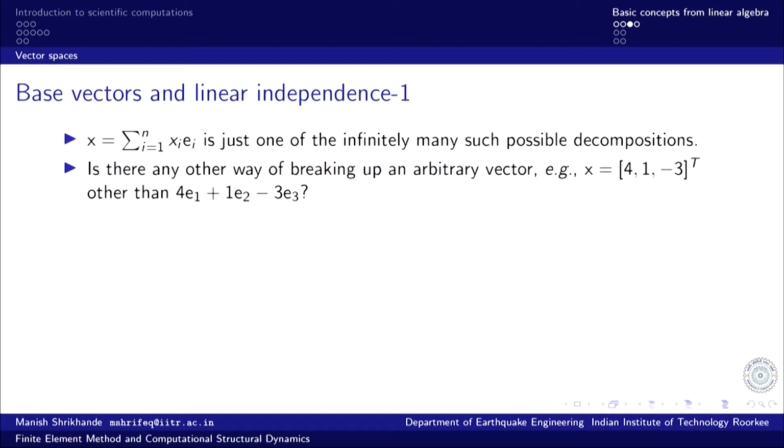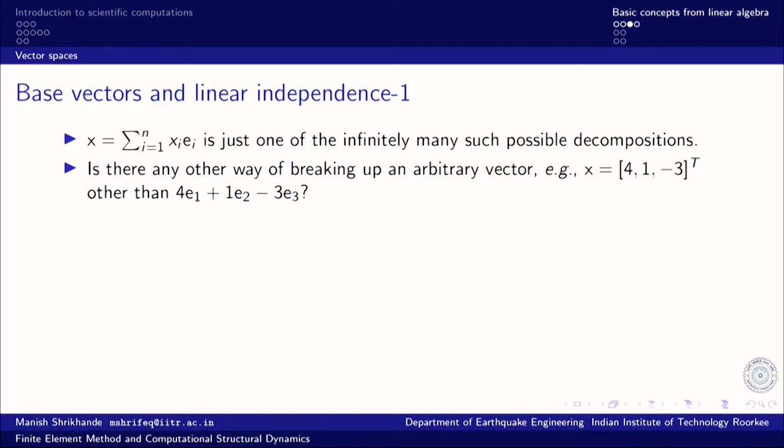So, take any vector, let us say (4, 1, -3). Can we represent it in any way other than 4 e1 plus 1 e2 minus 3 e3, that is the Cartesian representation, where e1, e2, e3 are synonyms for i, j and k?